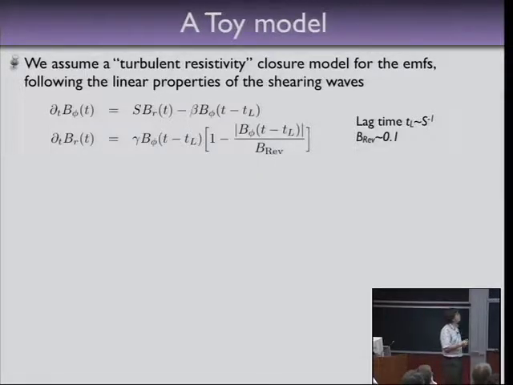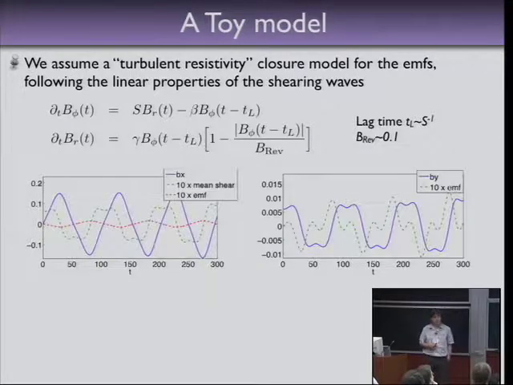So you can just compute how the field evolves with this kind of system, and you get cycles. You get cycles with the right period, with typically the right values for each of the terms of the equation.